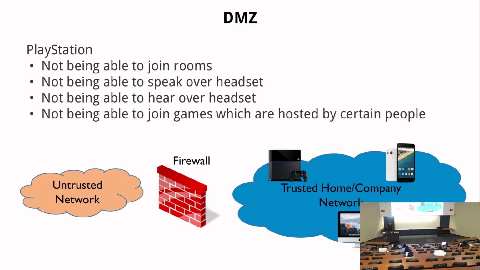But because the rules you are setting at your firewall are very strict, you are not able to do a lot of things on your PlayStation. You cannot join games. You cannot speak using headphones or whatever. Basically, the firewall will block those kinds of communications, right?